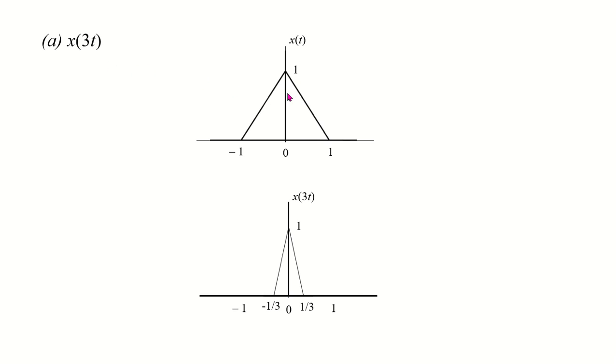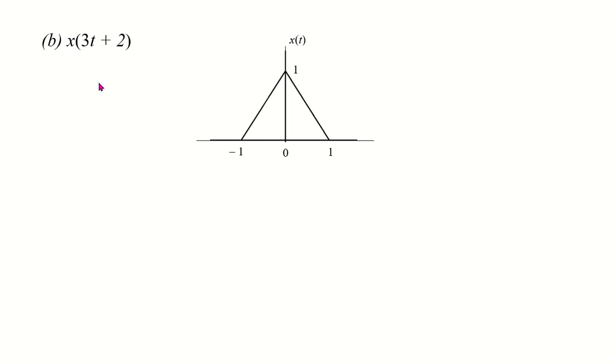And by what factor will it be compressed? Since a is 3, the compression will be by 1 by 3. So the value 1 will be compressed by 3, which means this extreme point will be 1 by 3, and since this is -1, this will be -1 upon 3. So we have compressed the signal thrice. Had this been x of 4t, then the compression of the original signal would have been by factor 4.